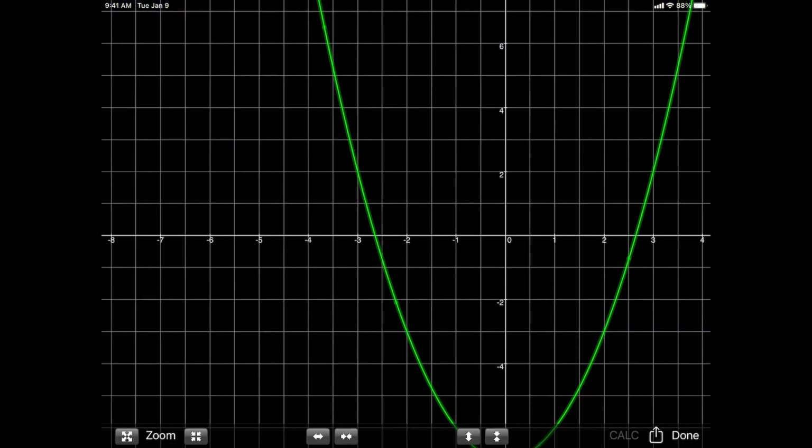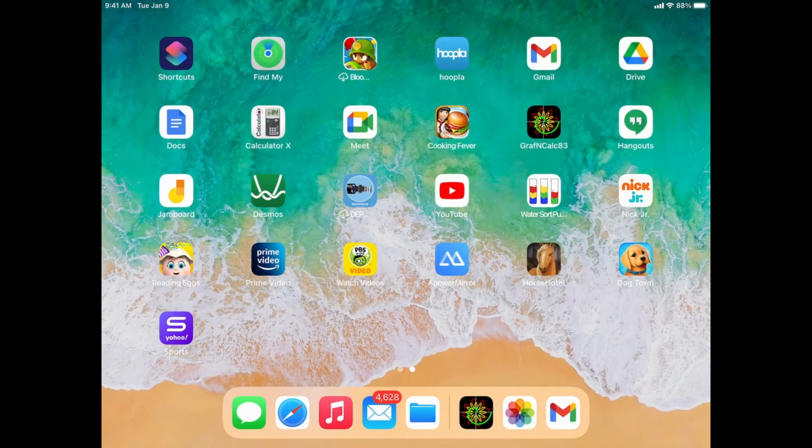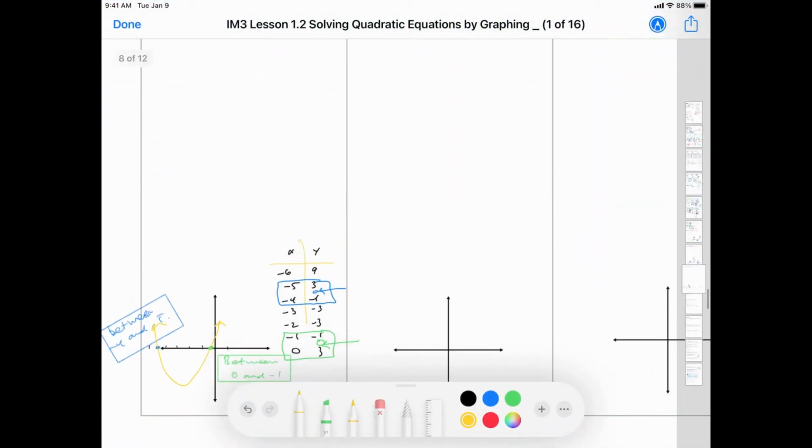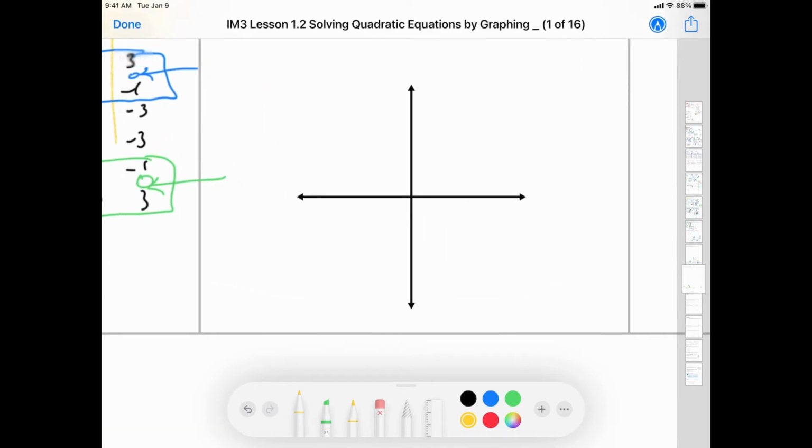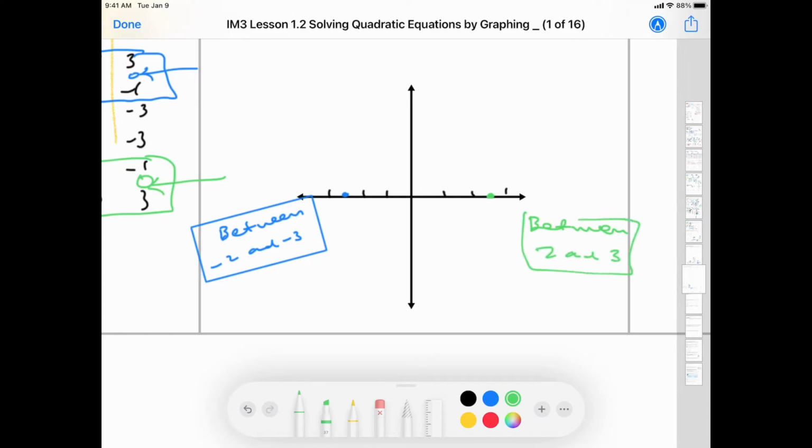I see between 2 and 3, and -3 and -2. 1, 2, 3. 1, 2, 3. And between -2 and -3. And between 2 and 3. Box your answers, 2 and 3. That's what our x value is.